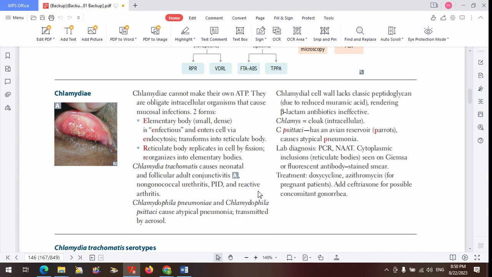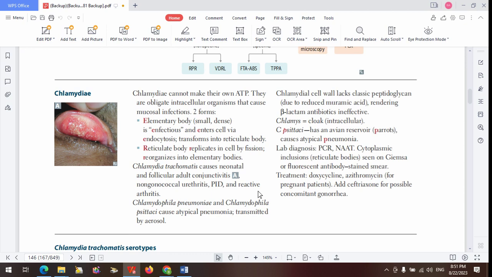That's the infectious form, so that's what we need to really understand. But all about the reticulate body is just replication by binary fission. That is it. The reticulate body is just replicating within the cell. So that's that about chlamydia.